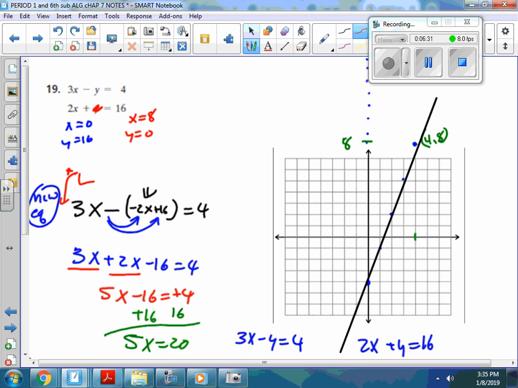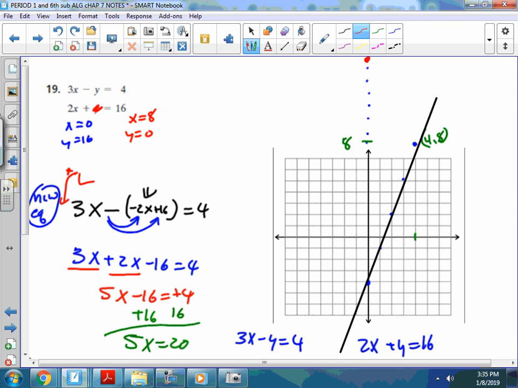So my ordered pairs are 16 way up here, and this isn't to scale, and then 8 way over here. And when I connect those two dots, it should be pretty close to the answer. Pretty close to the answer for combination, so it does work. Obviously, on your graph paper, you can use a larger piece of graph paper.